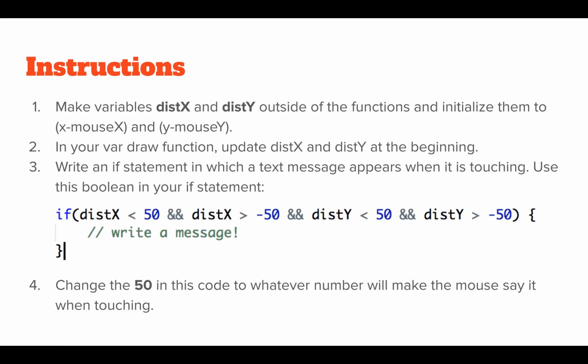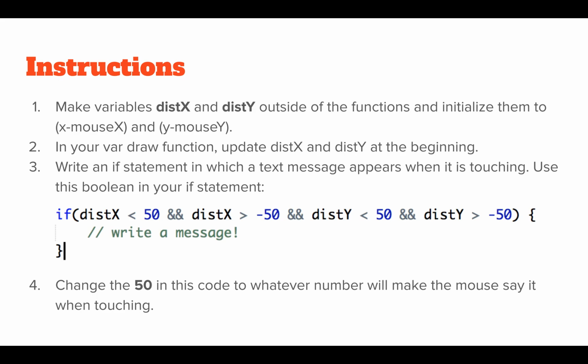All right. And so here are your instructions. Make distX and distY variables, declare them, all right, and then initialize them to x minus mouseX and y minus mouseY.